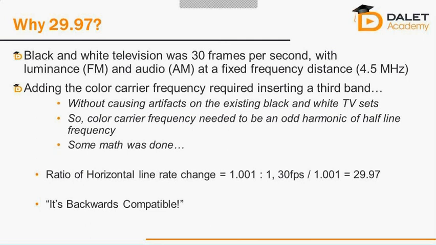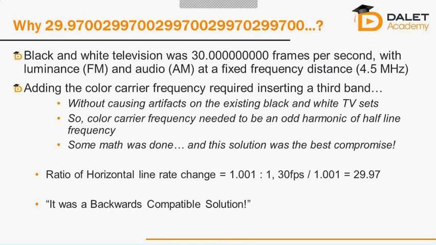To make it all work, the decision was taken to move the horizontal line rate by a factor of 1,000 over 1,001. Unfortunately, this is often written as the number 29.97, but really it's not 29.97. It is truly 1,000 over 1,001 multiplied by 30.